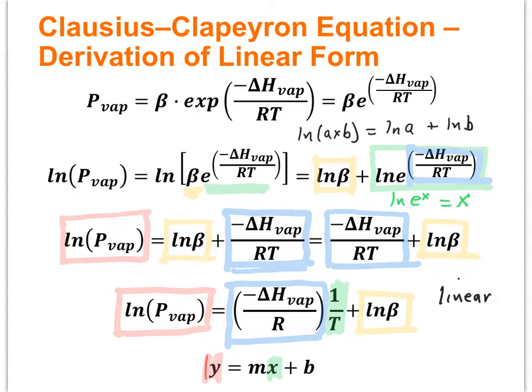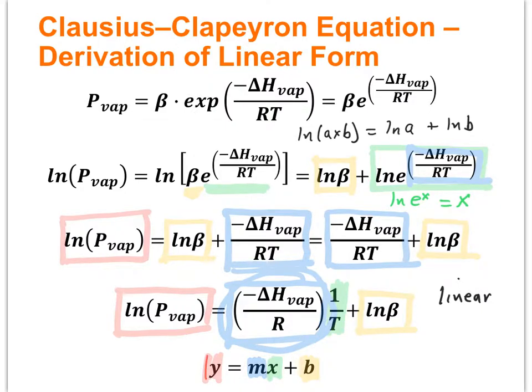This whole fraction here becomes the slope, and the natural log of that beta term becomes the y-intercept. And so we've taken this nonlinear exponential equation and turned it into a linear equation that's easier to evaluate graphically.